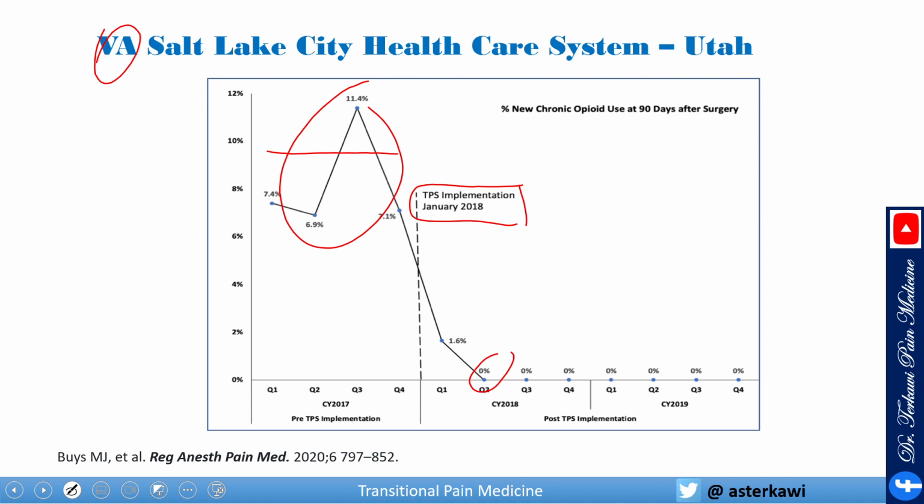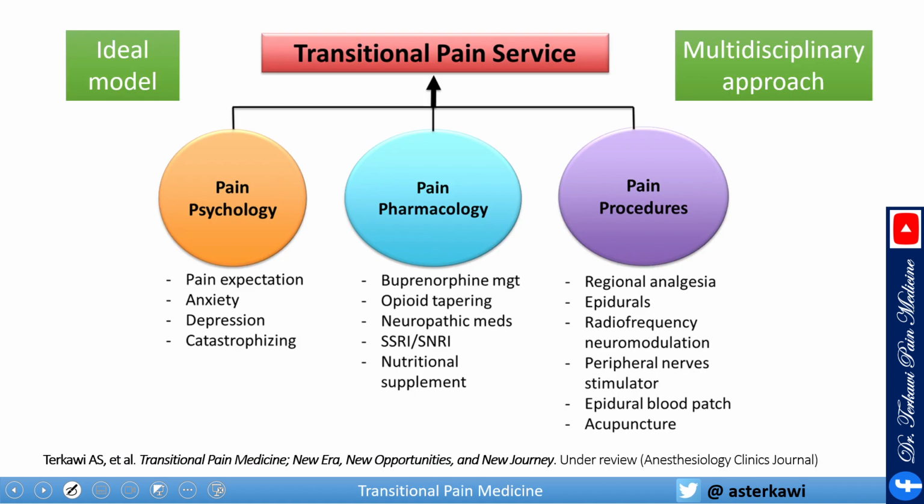This is what I call the ideal model, or at least what we think is an ideal model. It really depends on a multidisciplinary approach. So you have a pain psychology component, a pharmacology component, and a procedure component. All of them work together to build this transitional pain service.